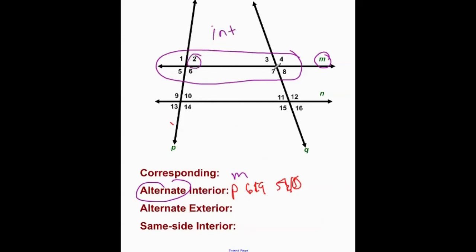It'd be angle 2 and angle 7, 2 and 7, and 6 and 3. We would do the same thing for the different transversals. For each one you would have M, N, P, and Q, and you would list them all out.